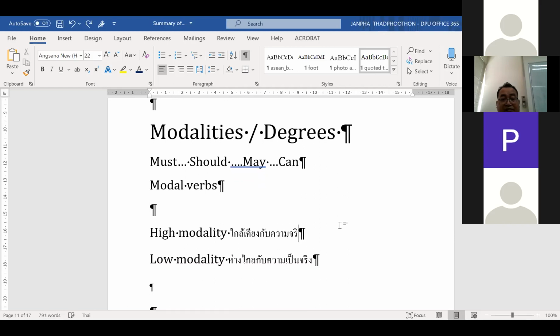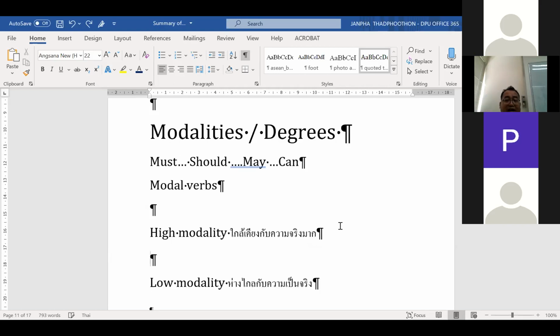Now in semiotics, when we talk about modality, we talk about whether such and such is far or closer to reality. I can give you an example of an icon. You can see me now on the screen. You see my face.